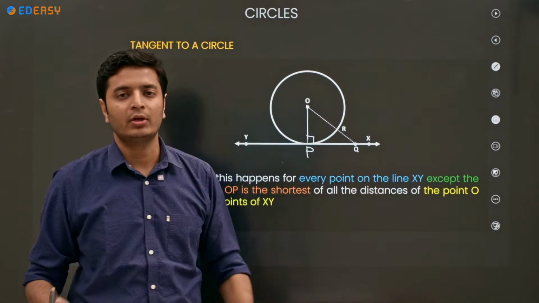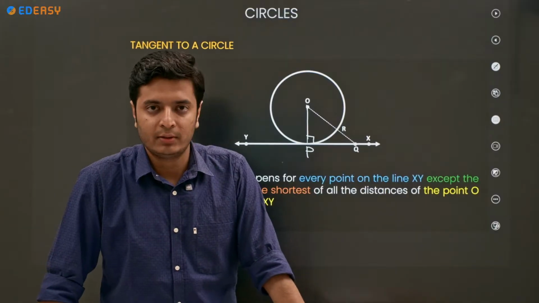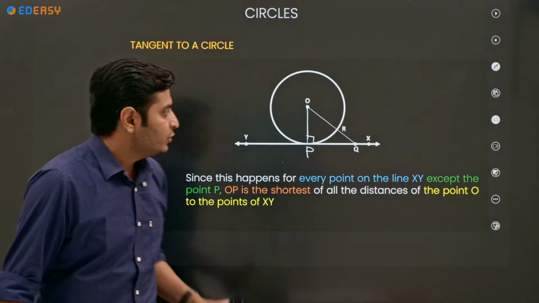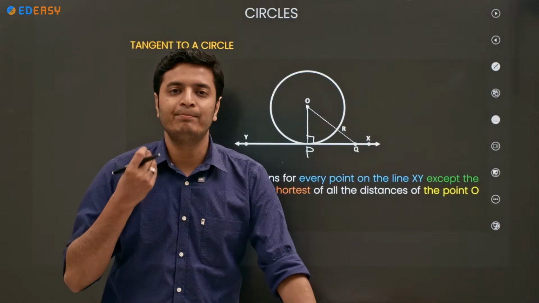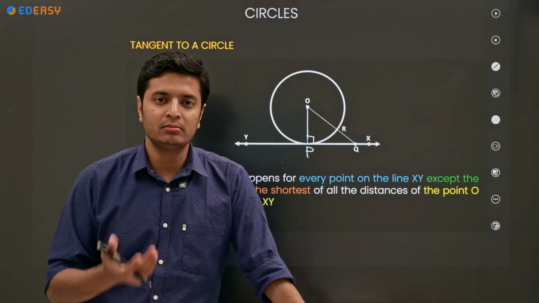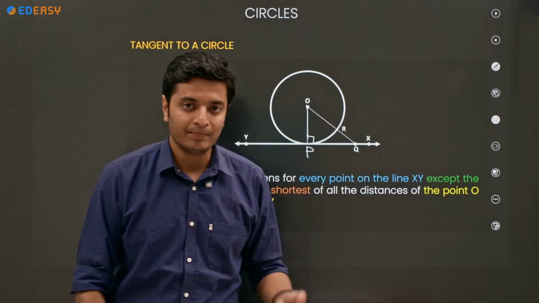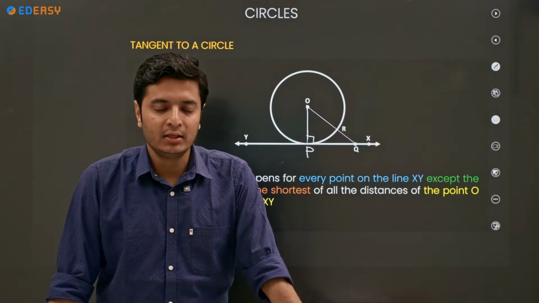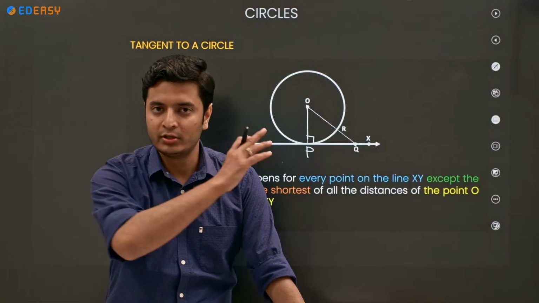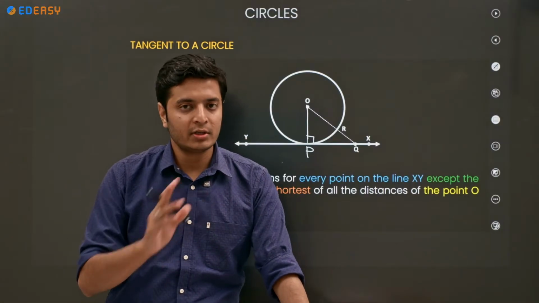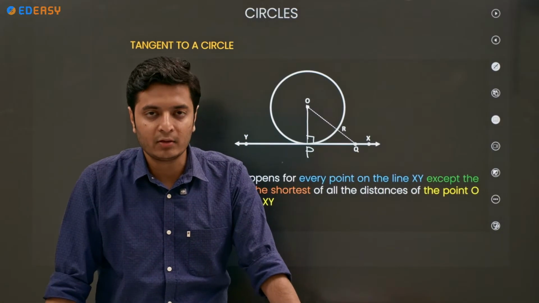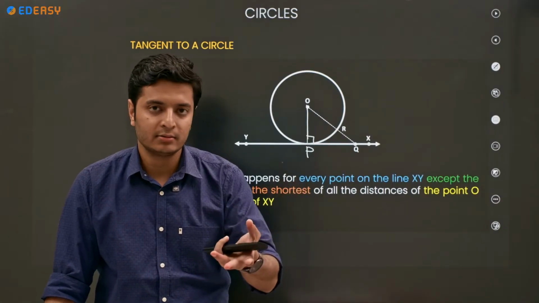So this is how you can prove theorem 10.1. This is the proof. You are just using a very basic, very simple concept of geometry, that between a line and a point we can join them in multiple ways, but the shortest distance will always be the perpendicular drawn from the point onto the line, correct?